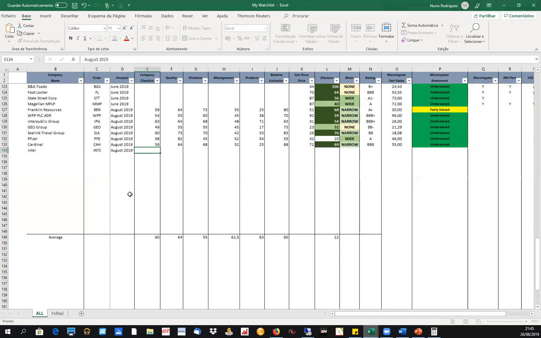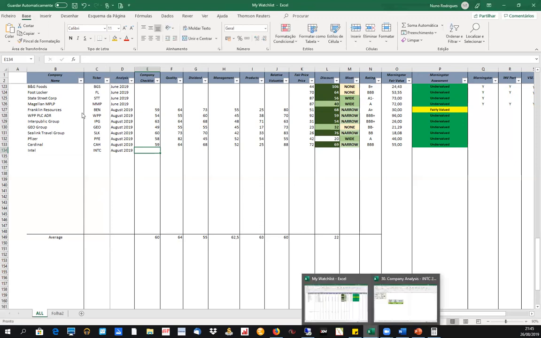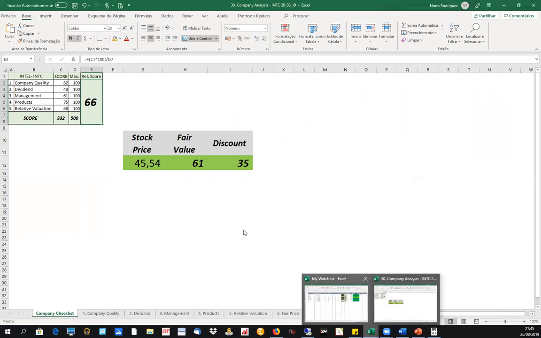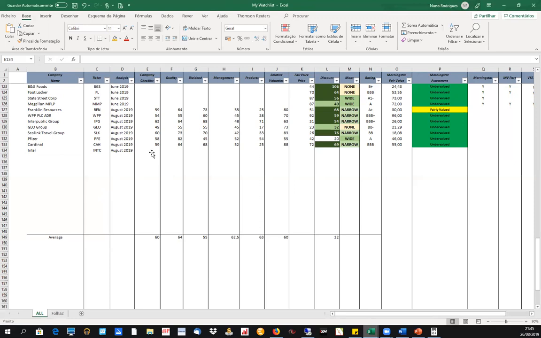Company checklist, we already saw. Sorry guys, company checklist, we have 66%.